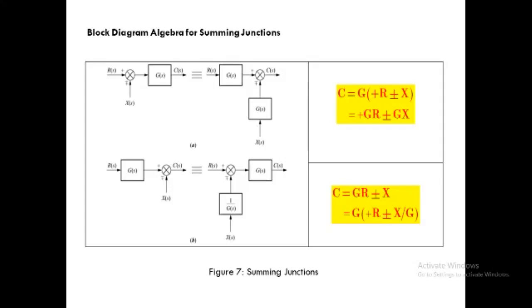Therefore C is equal to G times R plus minus X, and G will be the output of the bracket, so R plus minus X times G, because it is 1 by G. And when 1 by G of s is multiplied with X of s, it will be X by G.